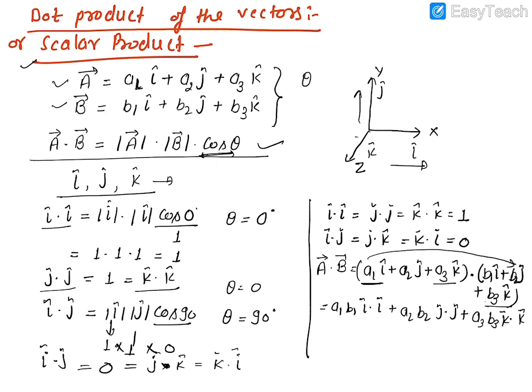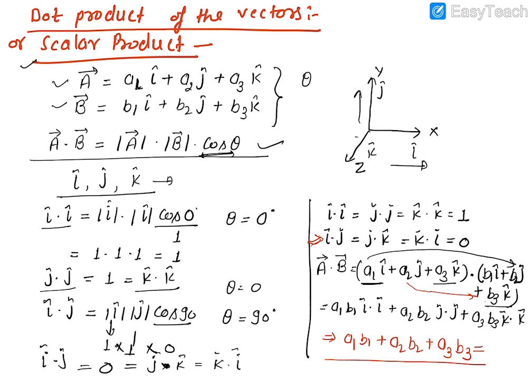All other terms like this will be 0 because they will come with another unit vector of another direction. Then what will come? a1 b1 plus a2 b2 plus a3 b3, right?